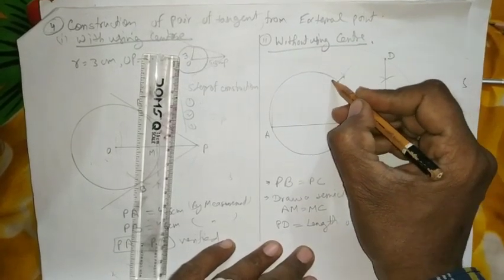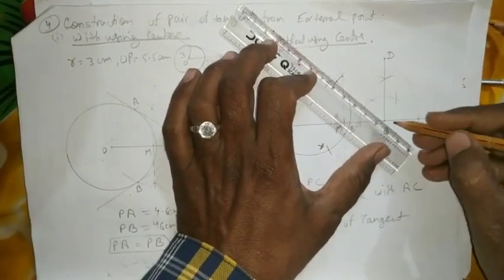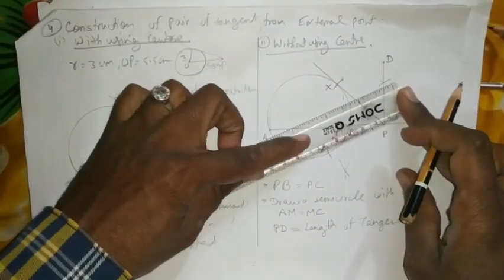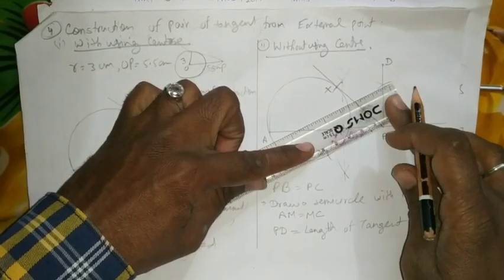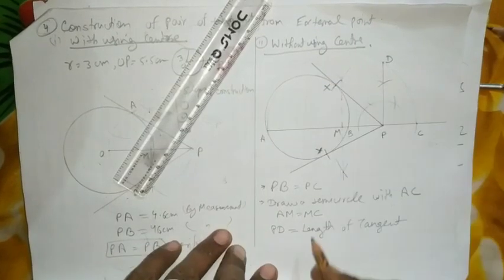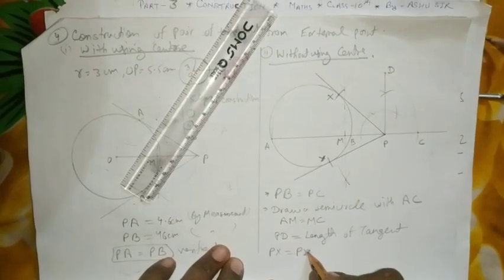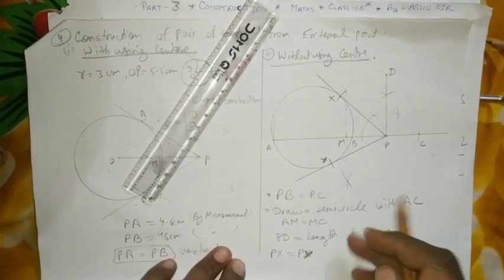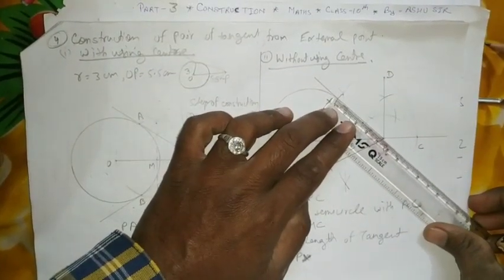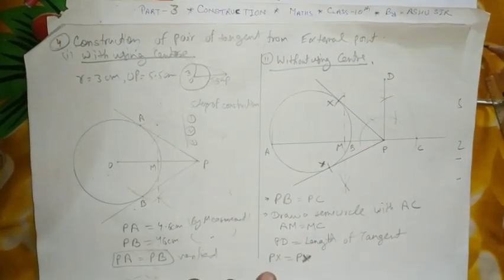Suppose that X and Y. Join PA, PX and PY. So PX and PY are equal. You can measure it. You know PD is the length, so this is the same, 4.3 and 4.3. This is the length of tangent.